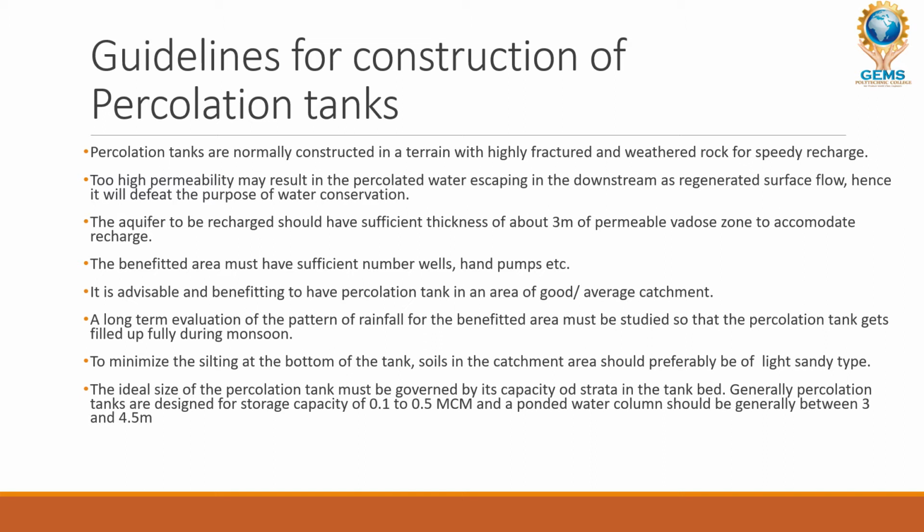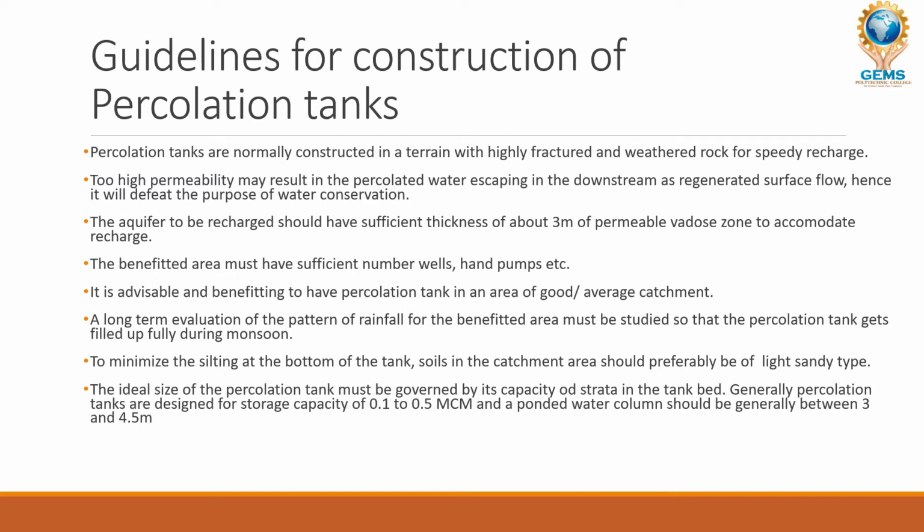The second point explains that too high permeability may result in the percolated water escaping downstream as regenerated surface flow, hence it will defeat the purpose of water conservation. If the land has more permeability, the water will escape downstream and you cannot store the water completely.